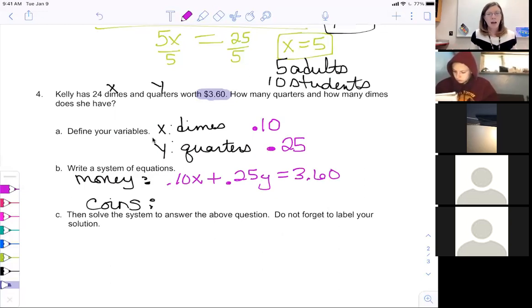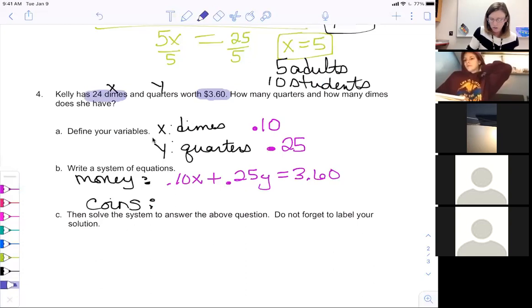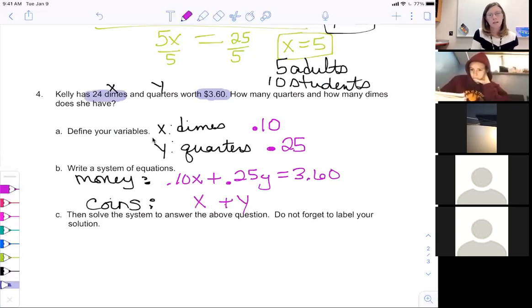So that's how much money we have. 10 cents for the dimes, 25 cents for the quarters. We have a total of 3.60. The second equation always goes with how many things you have, how many tickets I sold, how many coins I have. Well, we have 24 dimes and quarters. So dimes and quarters means X plus Y. And then that's equal to 24 because that's how many I have in my pile.